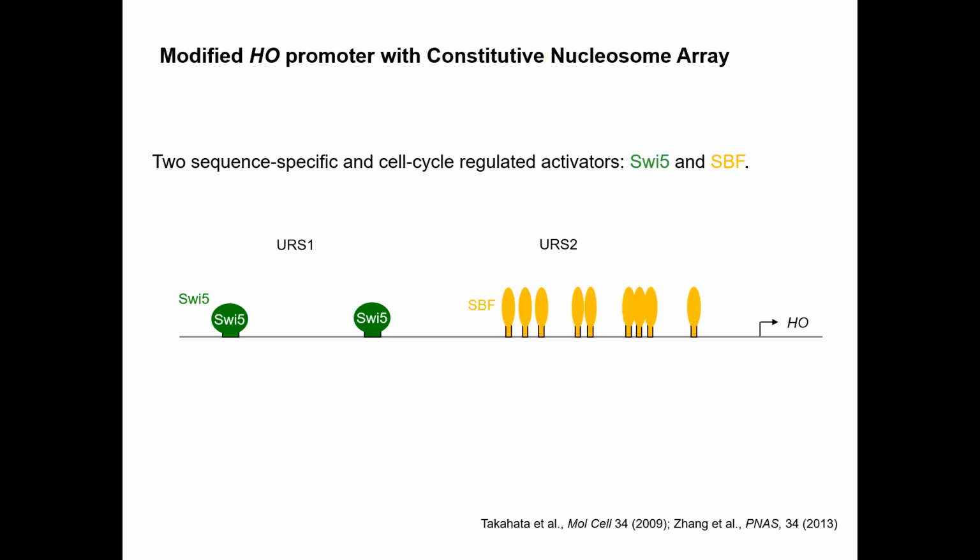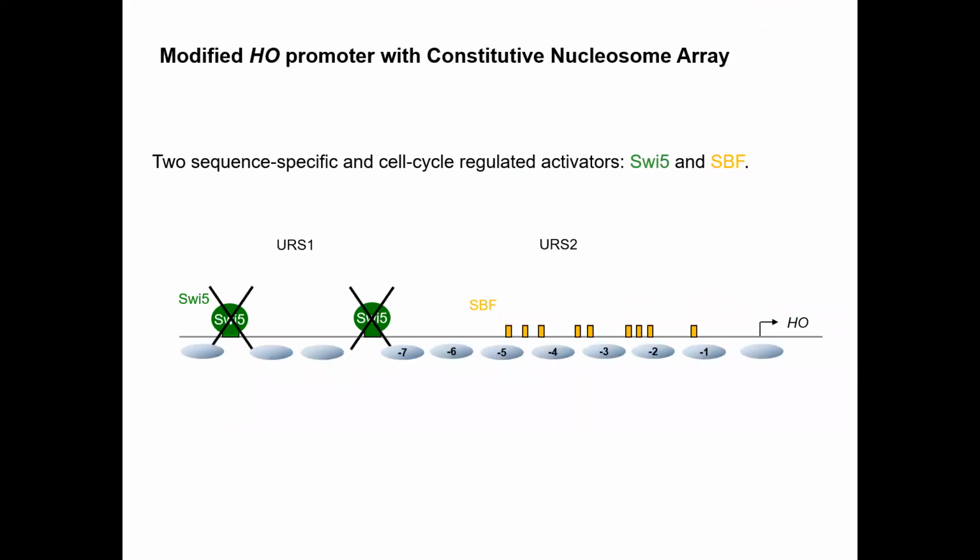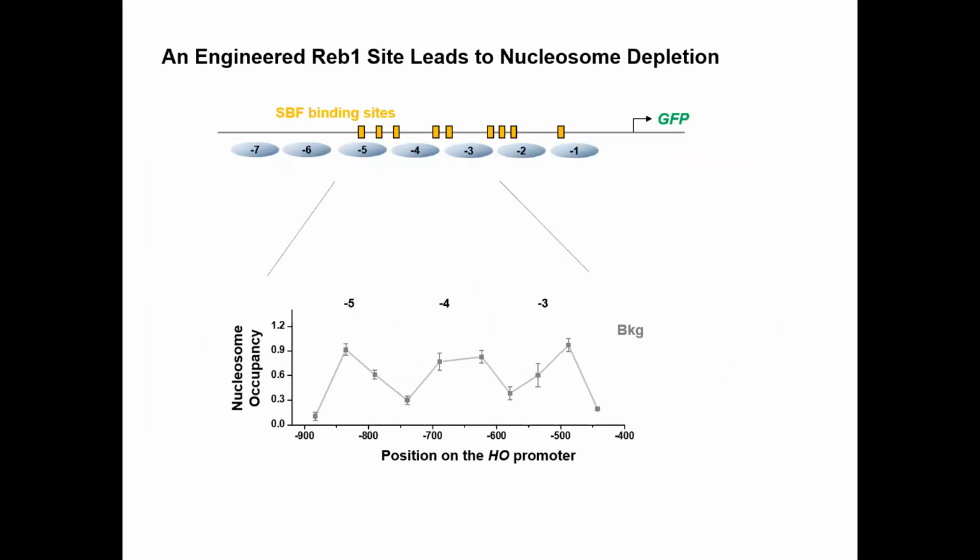Okay. So for our study, we use a mutated HO promoter where we mutate out the two SWI5 binding sites so that the nucleosome here becomes constitutive across the cell cycle. We also show that this promoter has almost no activity. Here we use MNase to map the nucleosome distribution over this region.